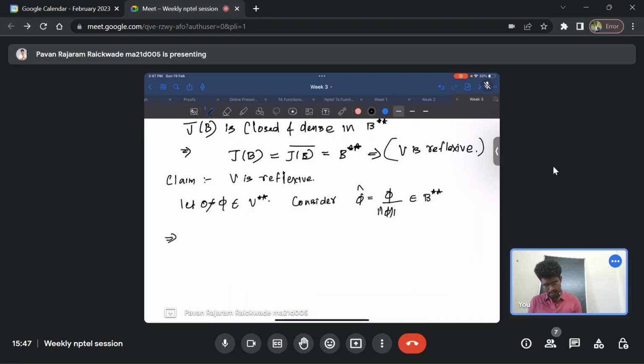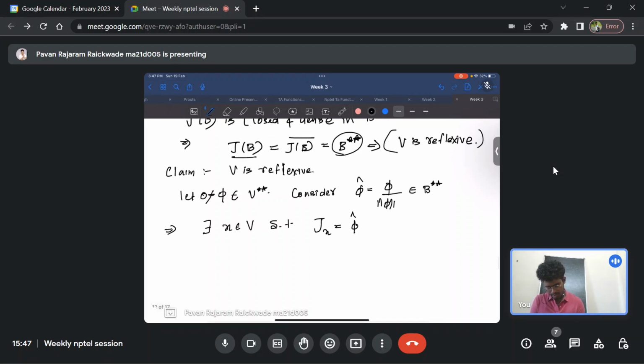Which implies there exists some x belonging to B such that Jx is the same as phi hat, because J of B is the same as B star star.